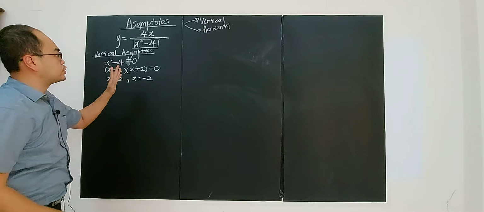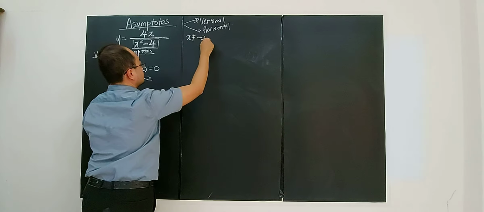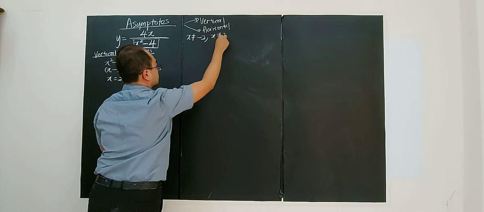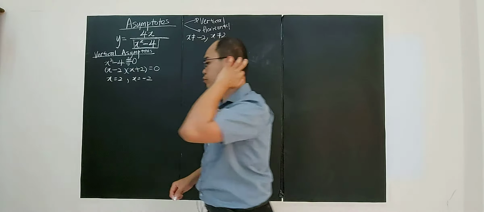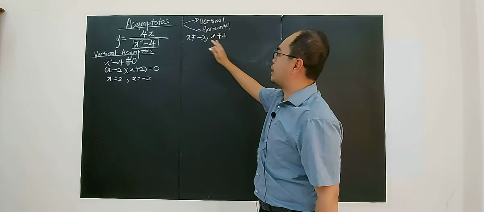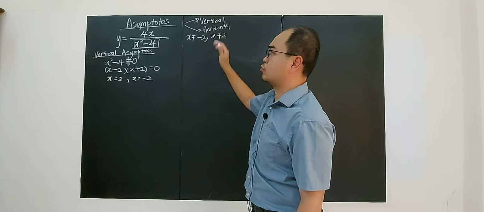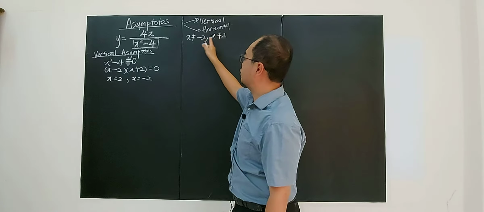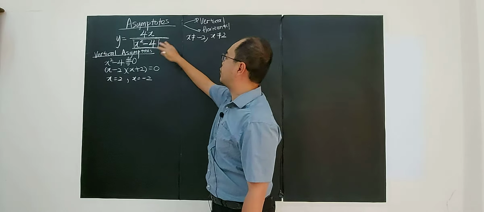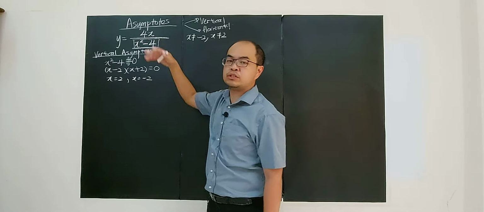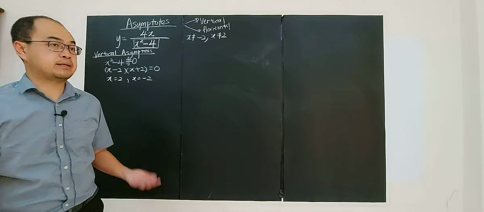So x cannot take negative 2, and x cannot take 2, but it can accept any other value. Because if you choose these values, your denominator becomes 0, and you would divide a number by 0, which is impossible in mathematics. That's why we say undefined.